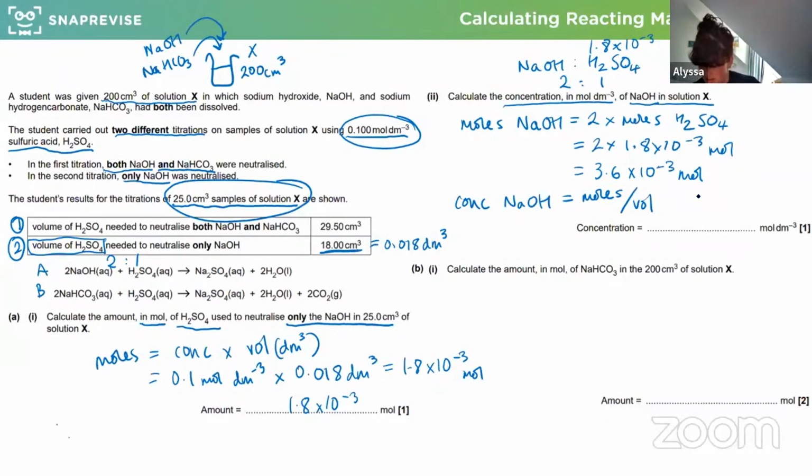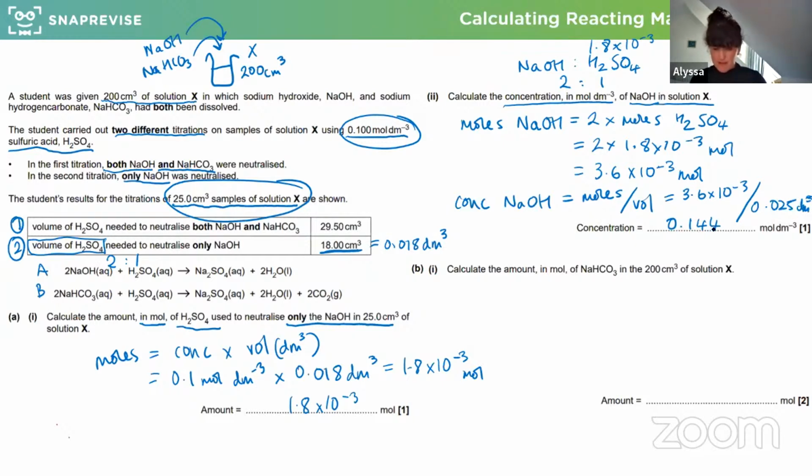So 3.6 times 10 to the minus 3 divided by, now it's got to be in decimeters cubed, not centimeters cubed, 0.025. Oops, running out of space. Decimeters cubed. It's all complicated, isn't it? So we should end up with a value of 0.144 moles per decimeter cubed.